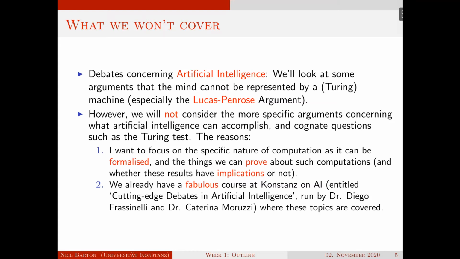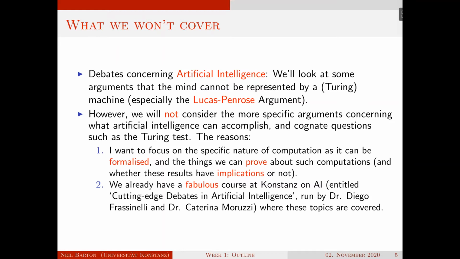So eagle-eyed viewers might have thought to themselves, well, this is one of the places where philosophers and theoretical computer scientists get very excited. To what extent can artificial intelligence mimic various kinds of procedure, in particular more human procedures and perhaps even consciousness?